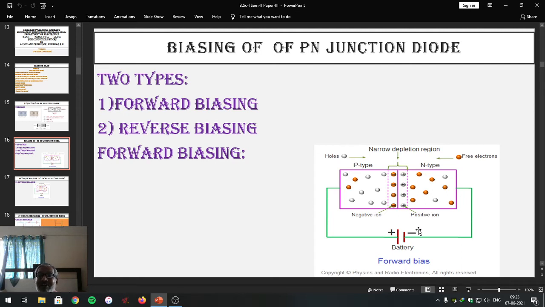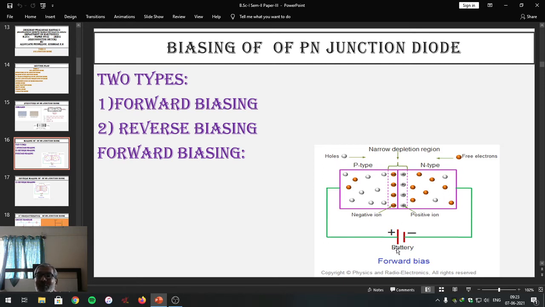Thus, in forward bias condition, the battery is connected opposite to the barrier potential polarity, with the positive terminal to the P region and the negative terminal to the N region. When you increase the battery potential, we know that the barrier potential for silicon is 0.6 volt and for germanium it is 0.2 volt.